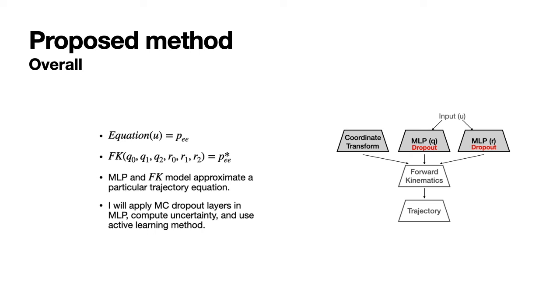I applied dropout layers to each MLP. It probabilistically ignores some weights when approximating the trajectory, so it can avoid overfitting to the train dataset. Furthermore, we can get the stochastic trajectory and we can get the stochastic error.